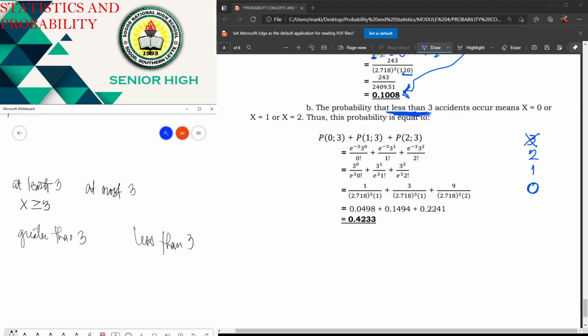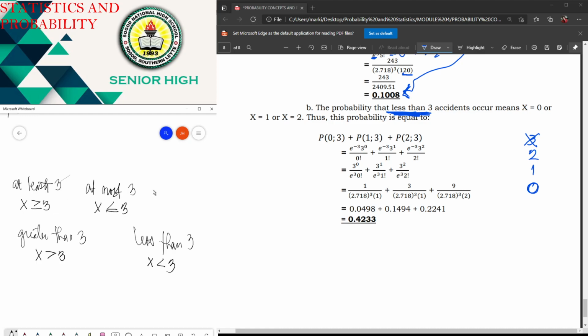Okay, that's why 3 is included when you are talking about at least. And when you say at most, we have x is lesser than or equal to 3. Okay, when you say greater than 3, so x is greater than 3, and less than 3 is x is less than 3. So take note of these following words because mostly it will be given to you in this kind of problem in Poisson distribution or in the binomial distribution. So take note of these 3.